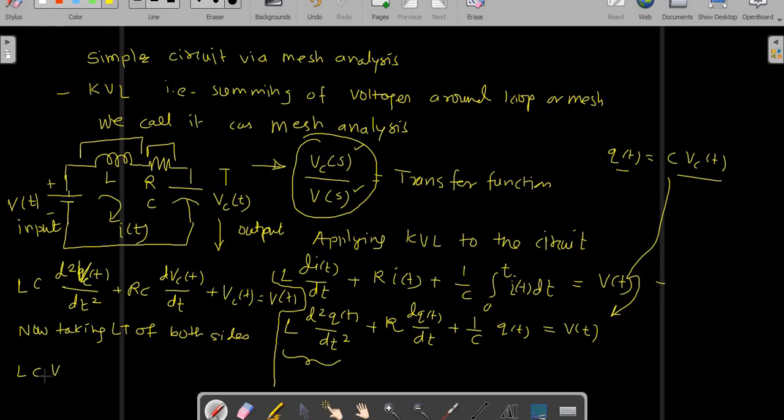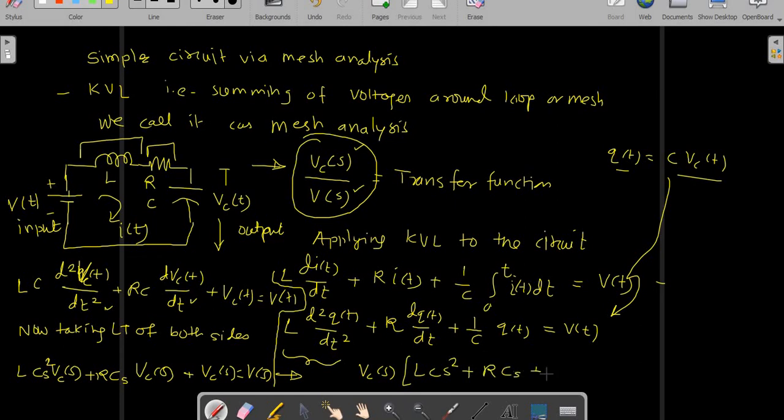LC s² Vc(s) plus RC s Vc(s), because this is a double derivative, s², and this is a single derivative, that's why s, plus Vc(s) equals V(s). Now taking Vc(s) common, I write Vc(s) in brackets (LC s² + RC s + 1) = V(s).